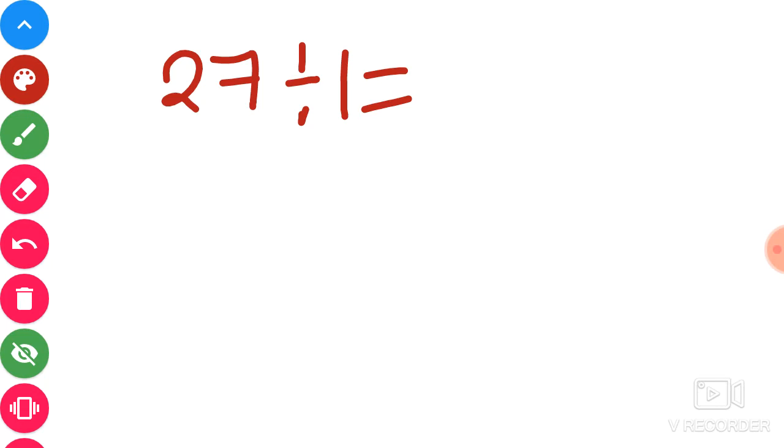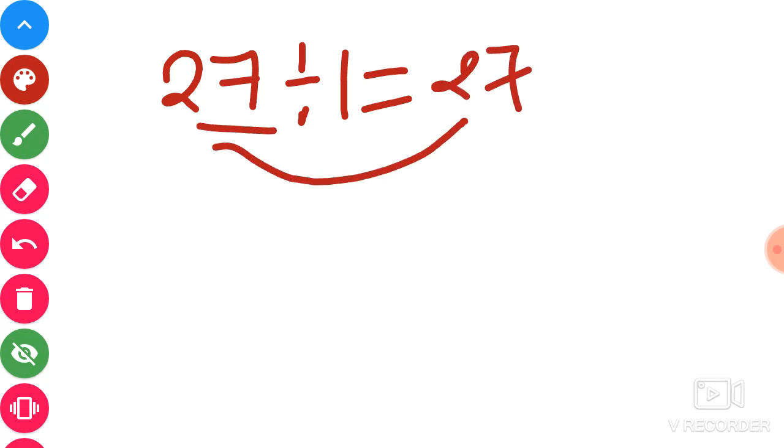So, based on our first property, any number divided by 1 will give the answer number itself, right? So, we will get 27 as our answer.